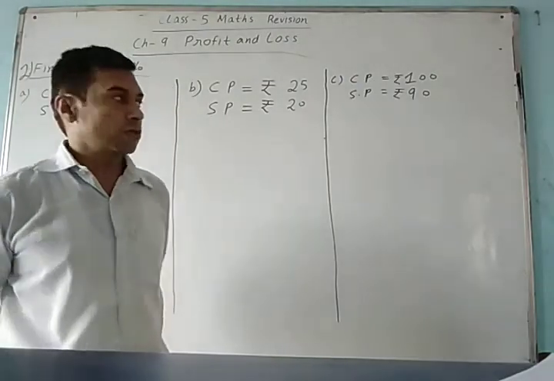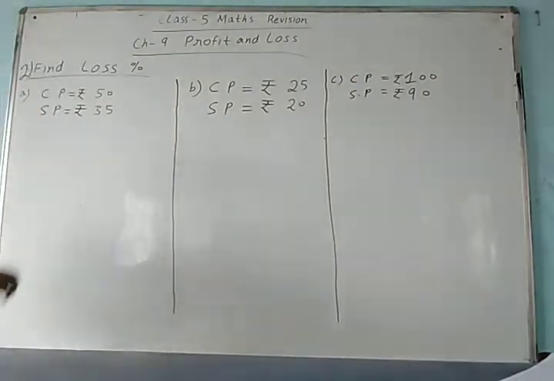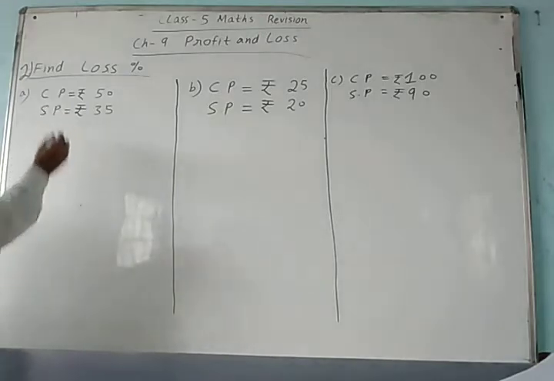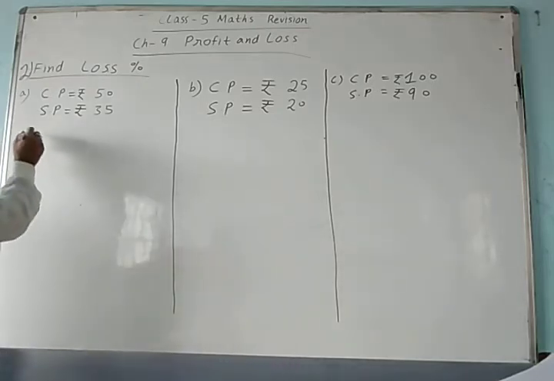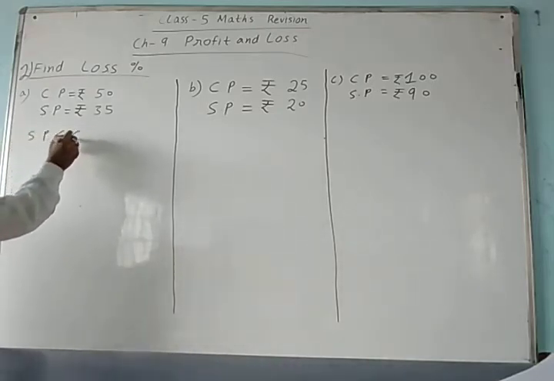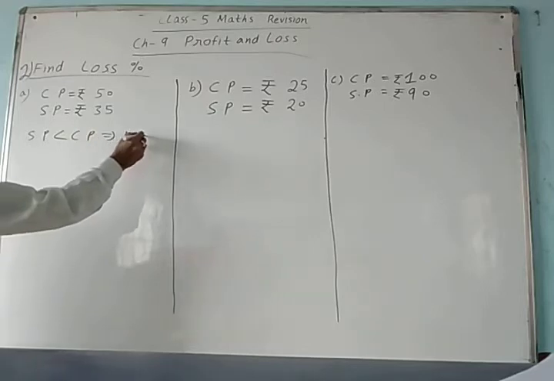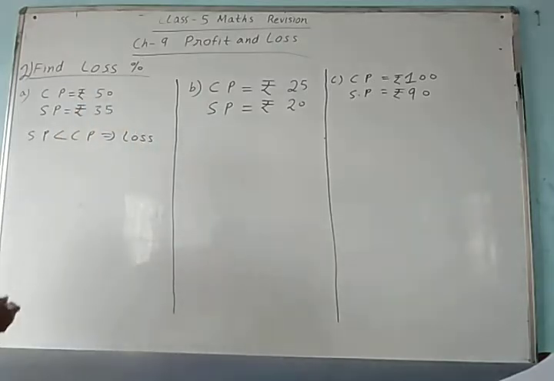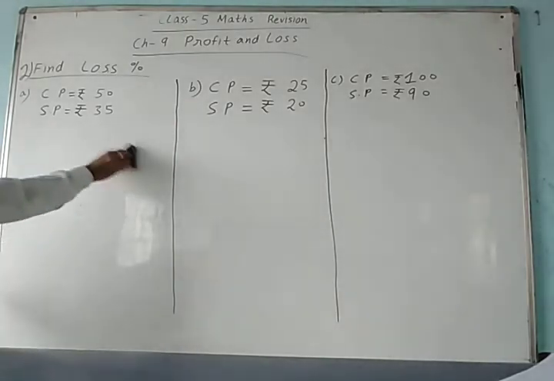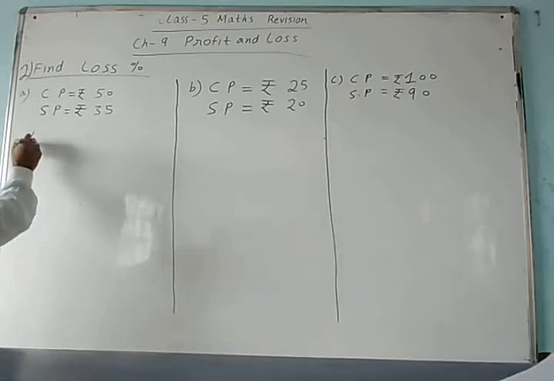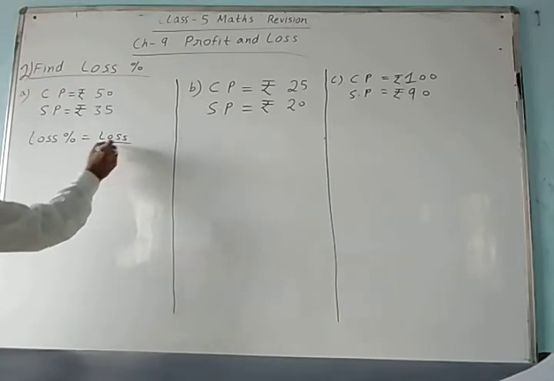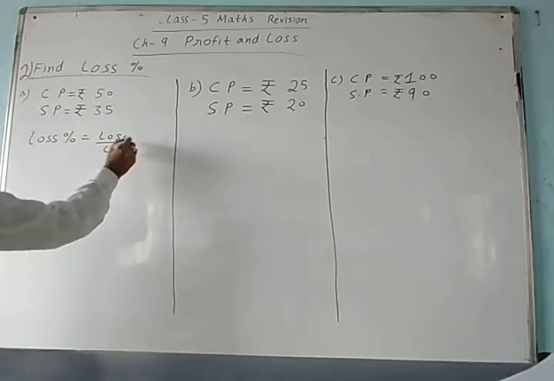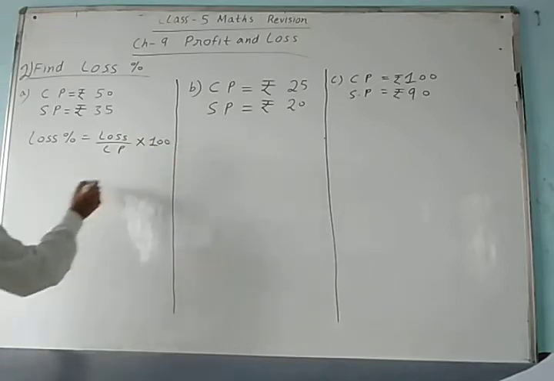Now student, next question: how to find loss percent. Here cost price is given, selling price is given. Cost price is greater than selling price, so it is a loss, which I have already explained. Now we have to find out loss percent. Loss percent is equal to loss upon CP into 100.